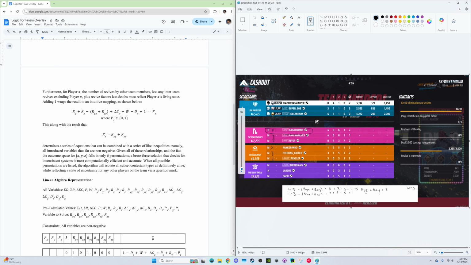So I'm just going to do that. And then for this last person, we have the number of times that X revived, which is 1 time, plus the number of times that Y revived, which is 1 time, not 3 this time, minus r_xy plus r_yx, plus the change in coins, which is 0, plus wipes, which is 3, minus deaths, which is 5, plus 1, leaves us with, well, this is 2 less than the other one.